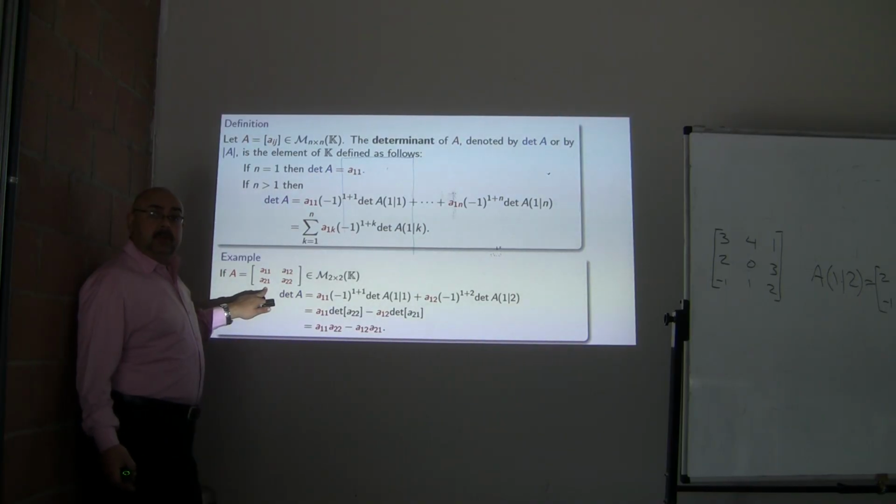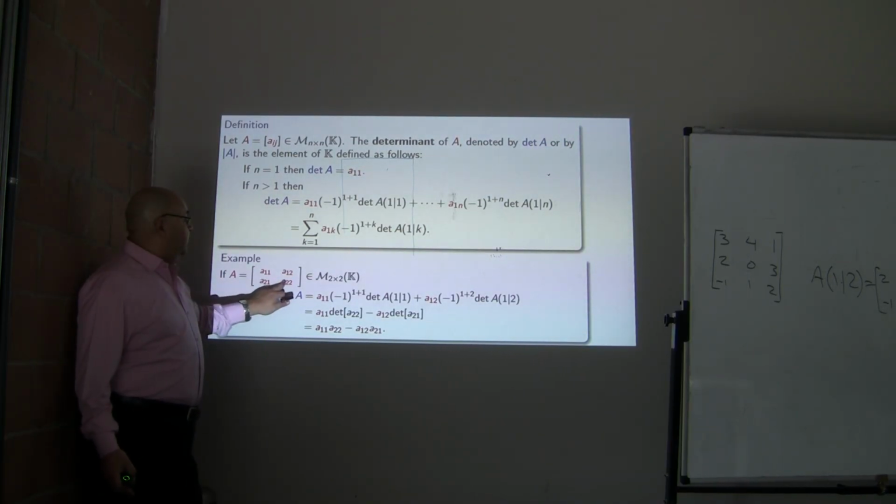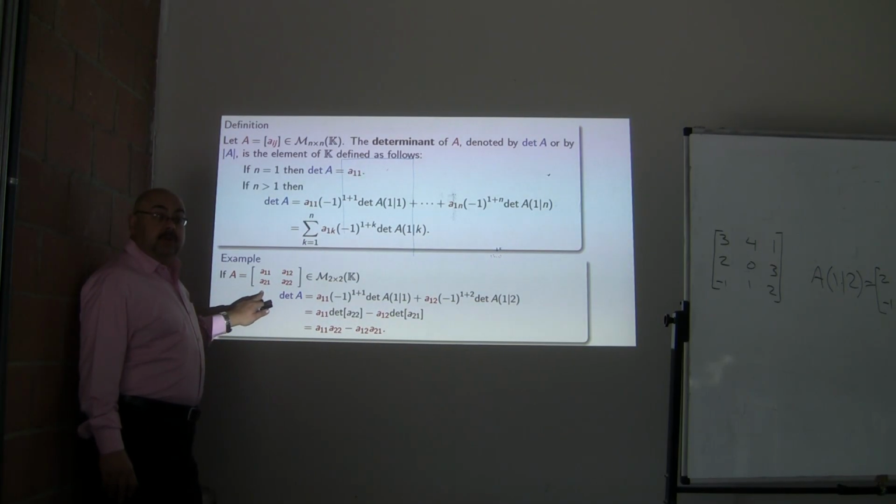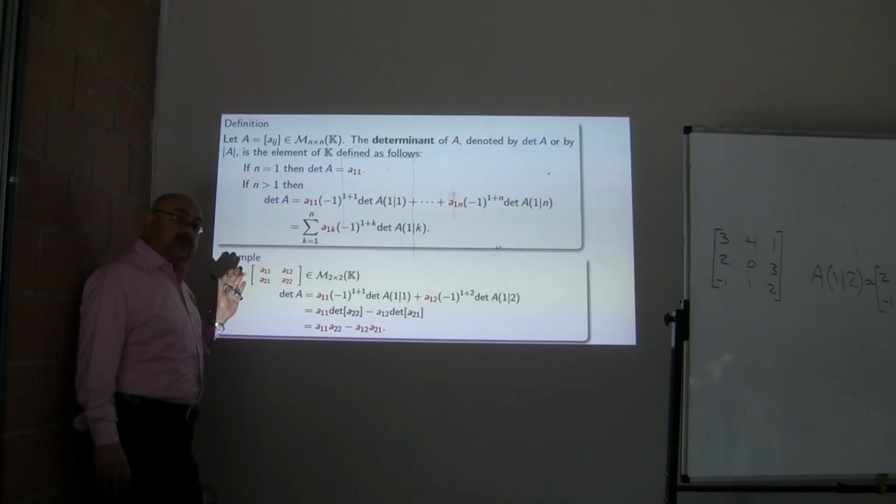That's a 2 by 2. Multiplying the elements of the principal diagonal minus the elements of the secondary diagonal. So it's simply, we already know that, A11 times A22 minus A12 times A21. We already practiced this a long time ago.